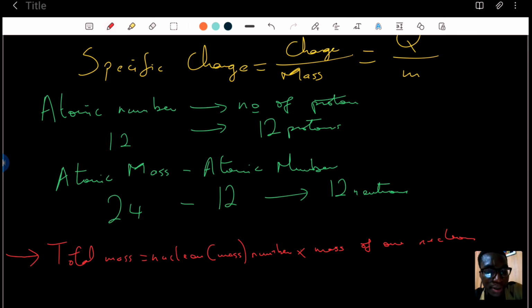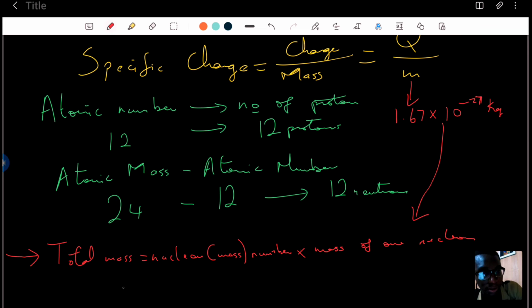The mass of one nucleon we have as 1.67 times 10 raised to the power of minus 27 kilograms. When we slot that in, the nucleon mass number will be 24.